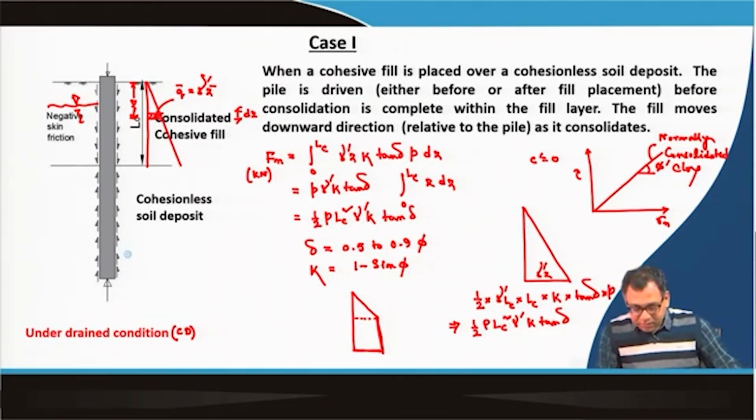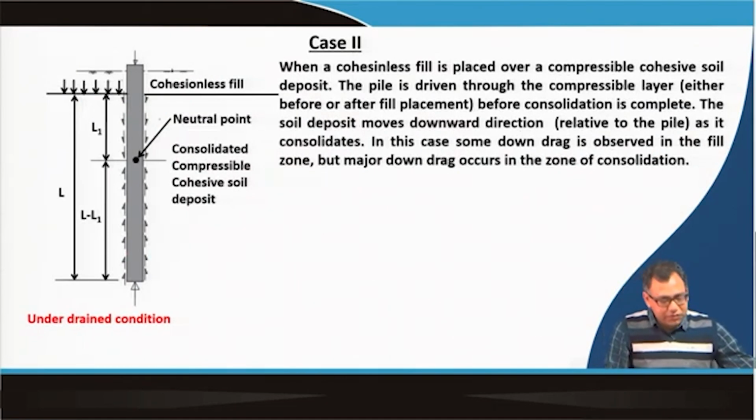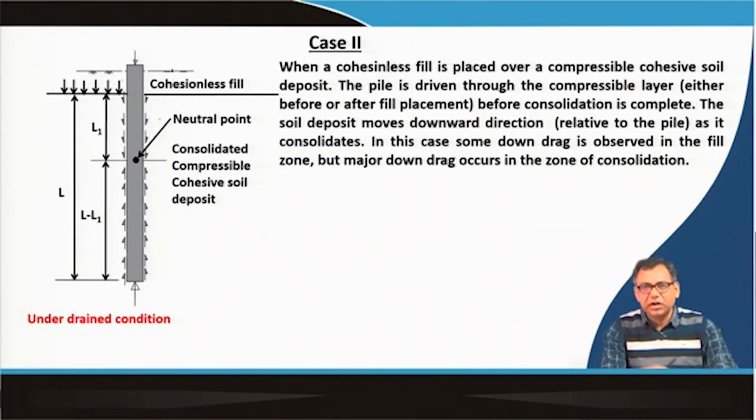Okay, so next, the second case, which is very crucial. In the second case, the cohesionless fill is placed over a compressible cohesive soil deposit. That means, suppose a very soft clay, because your pile is installed in a very soft clay, where the consolidation is not completed yet and the soil is very compressible.